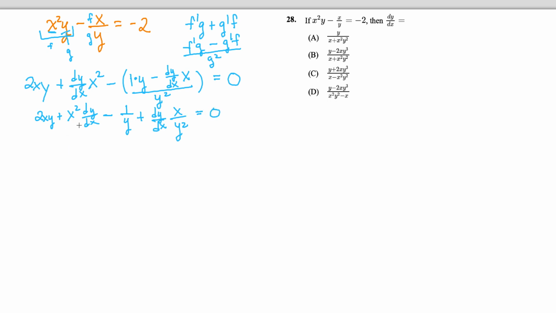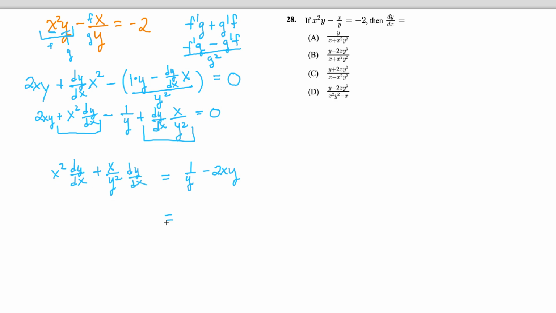Now I want all the terms with dy dx on one side and everything else on the other side. So when I move everything else over, I get 1 over y minus 2xy, and on this side I have the x squared dy dx plus x over y squared dy dx.